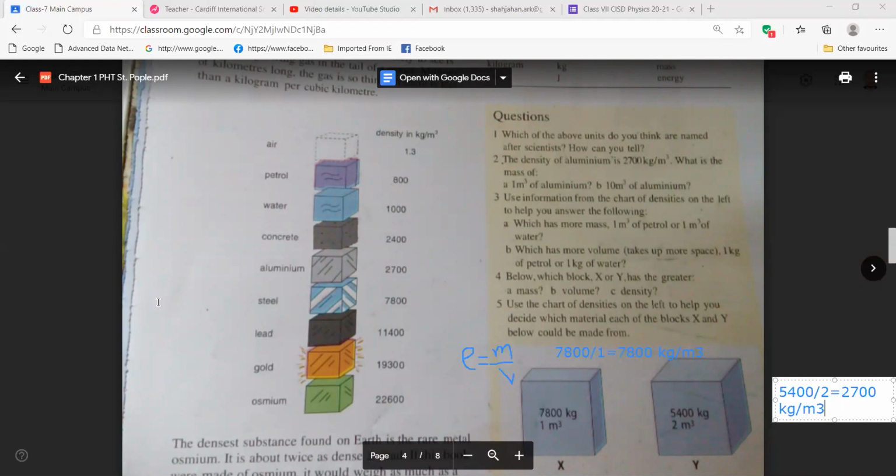Block Y is made from aluminum, because the density is given 2700.